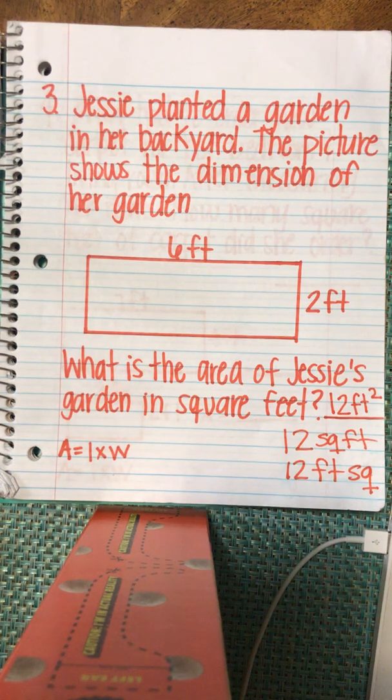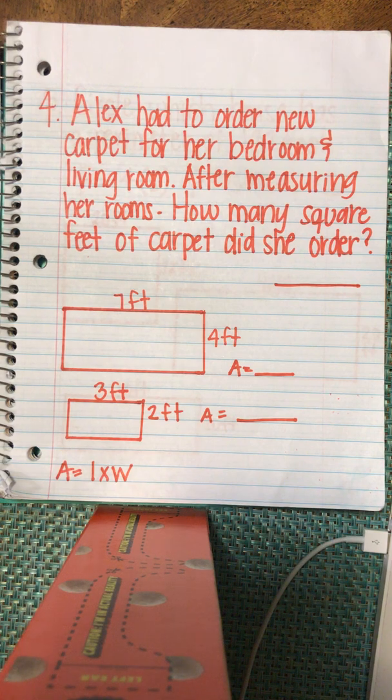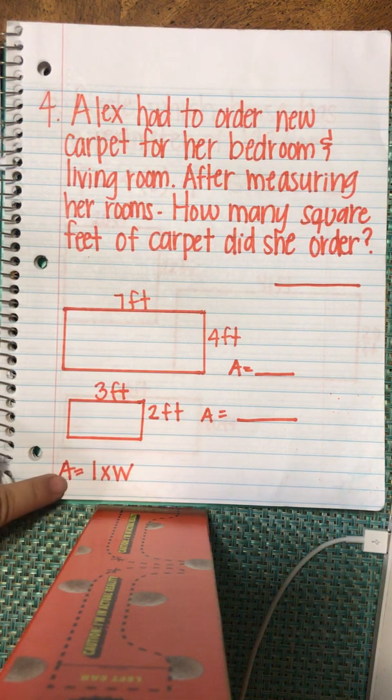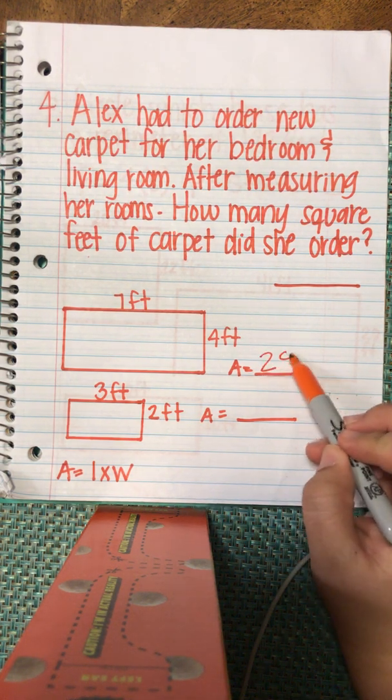So moving on, we can go to question number 4. Alex had to order new carpet for her bedroom and living room. After measuring her rooms, how many square feet of carpet did she order? So here we have 2 different sizes of carpets. So we'll go with our area formula, length times width. So we go 7 times 4, and we're going to get 28. So we'll do 28 here.